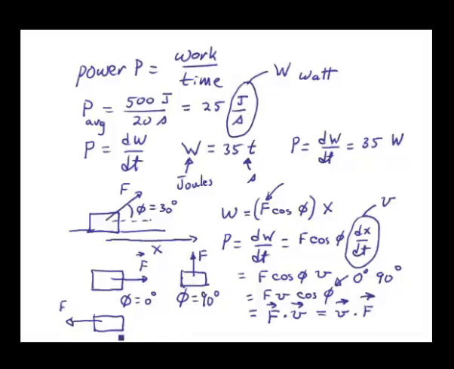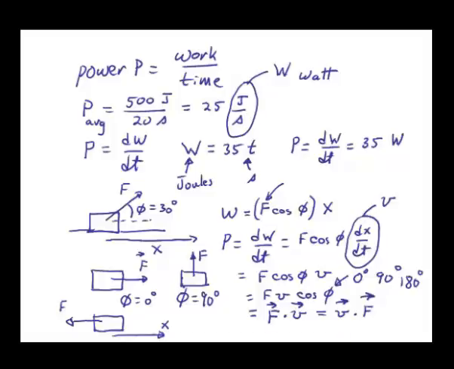So the angle between the displacement vector, still x to the right, and the F vector is going to be 180 degrees. Can you see that when I put this in, I get -1? I will be removing energy from the block. I'll be making it go slower and slower. The power that I'm applying to the block is now a negative number because I'm taking energy away.